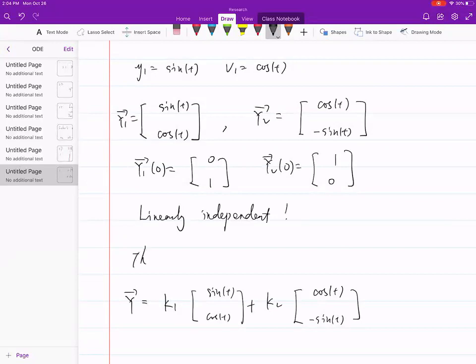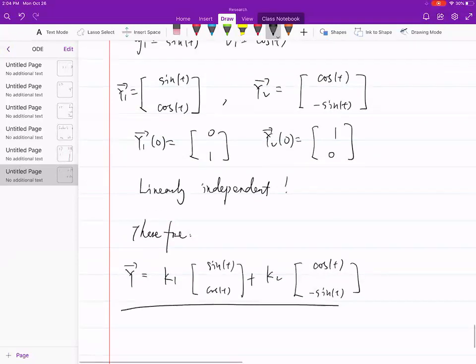Therefore, the solution looks like this. The rest is, give me an initial value.